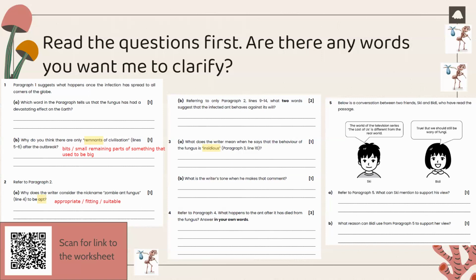It hurts you over time, in a very subtle way. It doesn't hit you in the face immediately. It is very slowly biting away at you. Does anybody else have any other words that you want me to clarify?